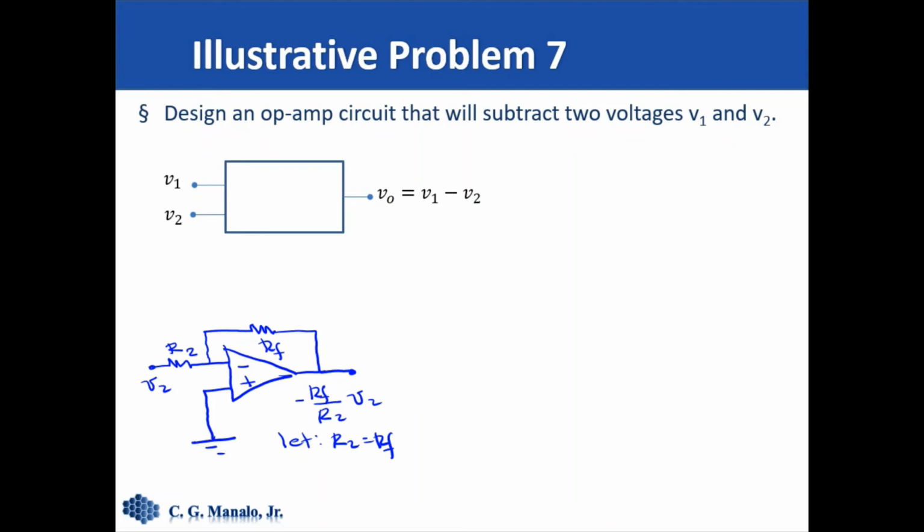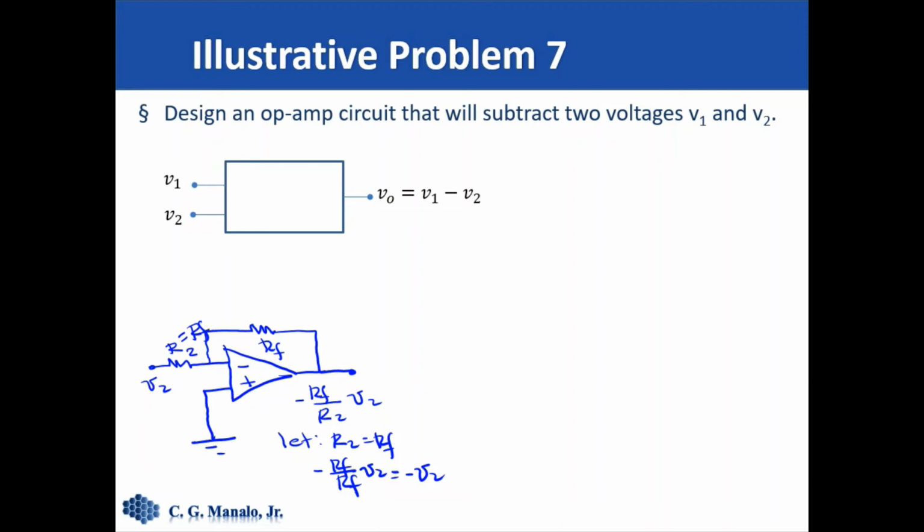So that means that the output will become negative Rf over Rf times V2, or simply negative V2. Okay. Then we let this resistance here equal Rf.